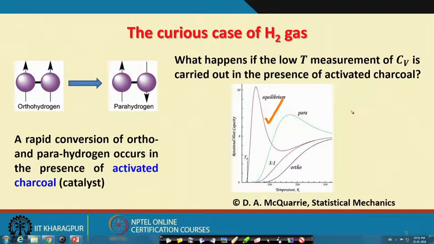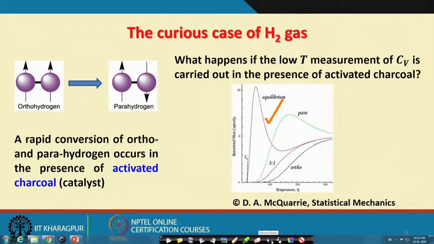So, this is one of the major triumphs of the framework of molecular thermodynamics, which told us that not only can we explain how the specific heat of a given diatomic molecule will vary with temperature, but we could look very closely at the two different types of nuclear spins present in molecular hydrogen and then correlate the observed experimental data to the calculated results obtained using the fundamental framework of molecular thermodynamics.